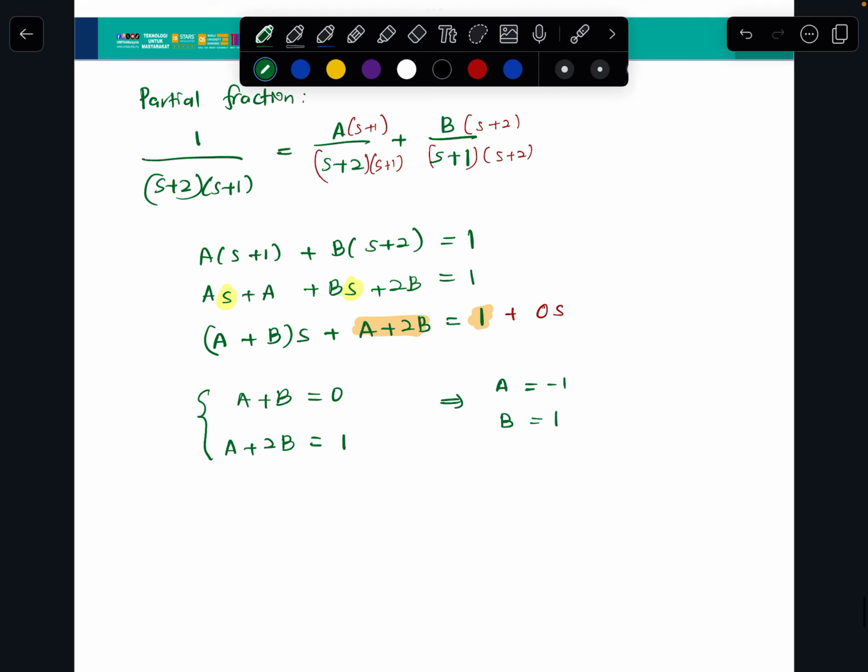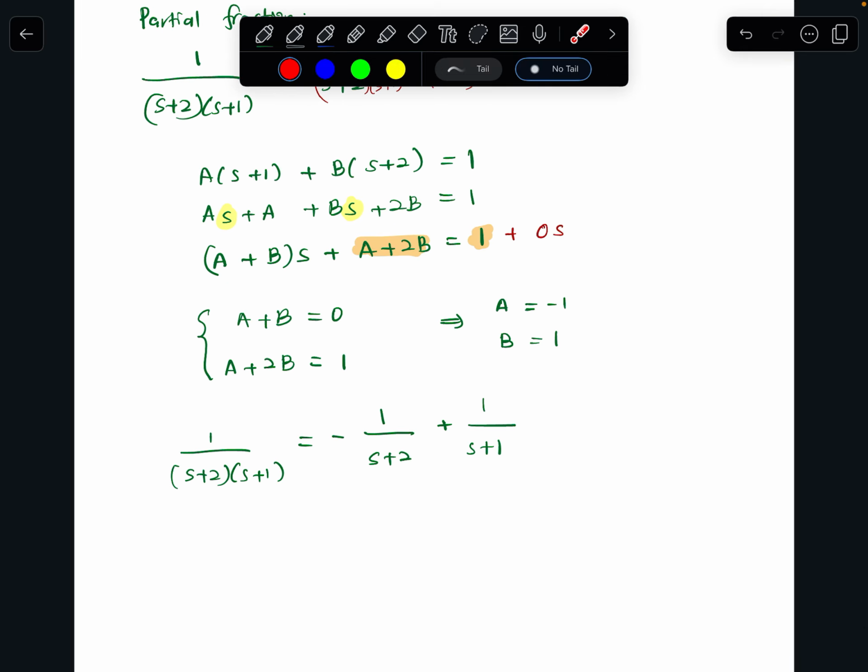After that, you can rewrite your partial fraction 1 over (s plus 2)(s plus 1) equal to, replacing a, negative 1 over s plus 2, and replacing b, plus 1 over s plus 1. So this is the fraction. From the complex fraction that we cannot solve directly, you have to decompose by using partial fraction to get a simpler version, so that from here we can find the inverse Laplace.